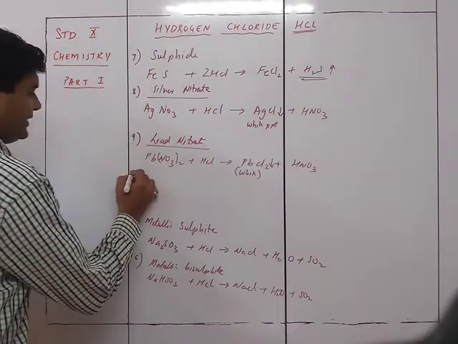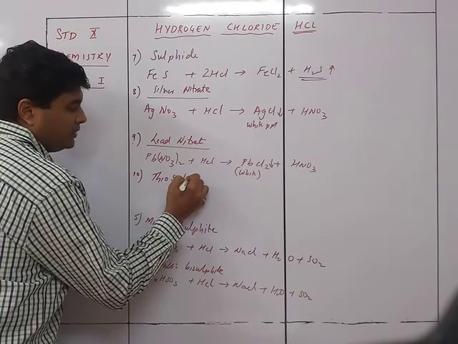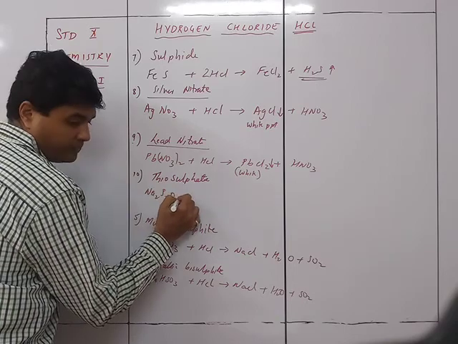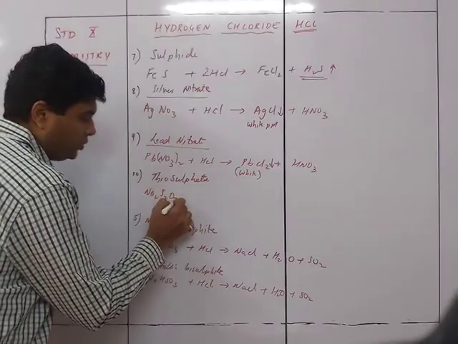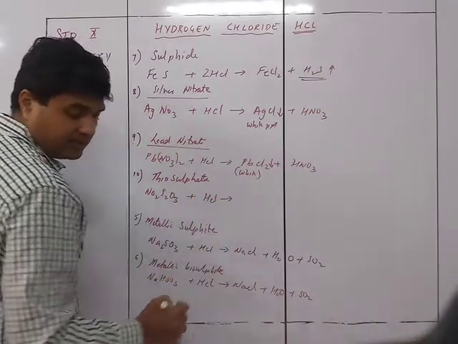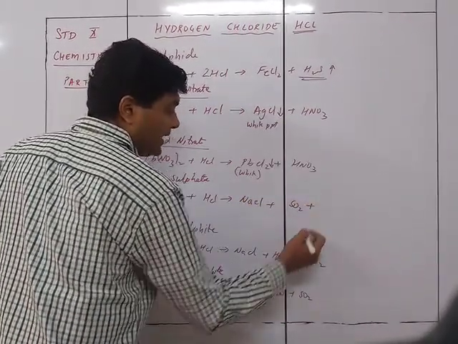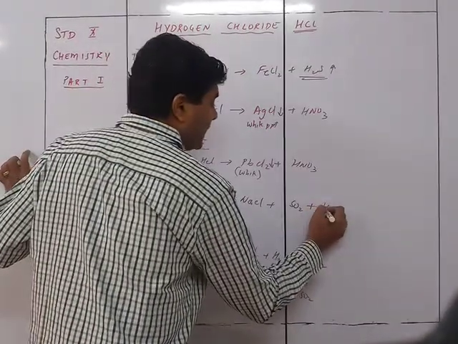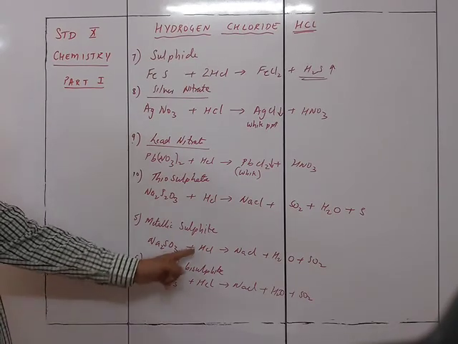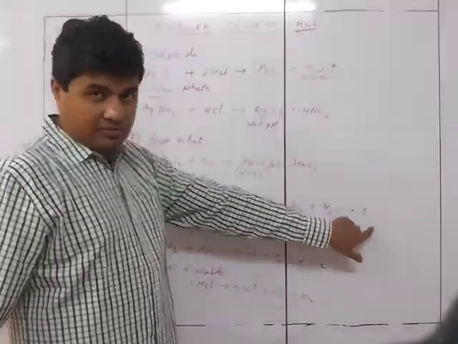And the last reaction is with a very unique material, and that is thiosulfate. Thiosulfate is given as Na2S2O3, which is going to react with HCl to give me the same thing: NaCl plus SO2 plus H2O, but apart from that, it gives me an S. The difference from the sulfide and bisulfide is that it is going to give me 1 sulfur extra.